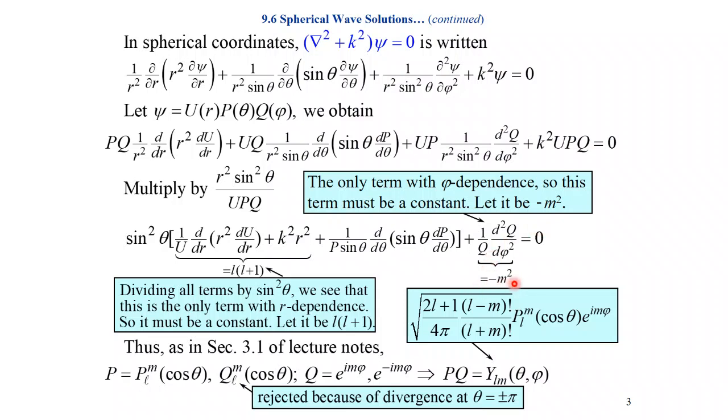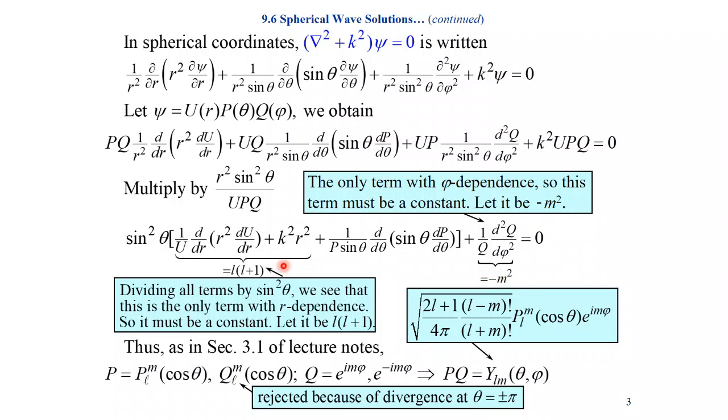It's minus because if we change by 2 pi, 360 degrees, the physics is still the same. If we change 720 degrees, the same. So it must be some kind of sinusoidal, sine or cosine, not exponential growing or exponential decay. That's why we have a minus sign here.